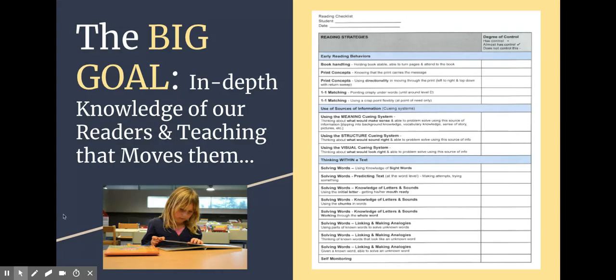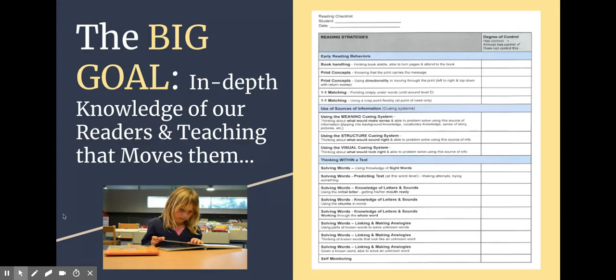Her book handling was fine. She had one-to-one match. She could handle return sweep in more than one line of print, no problem at all. We know she read for meaning. We know she read for structure. We know using the visual cueing system was tough. The visual cueing system are the words on the page. She either knew the word or she didn't.